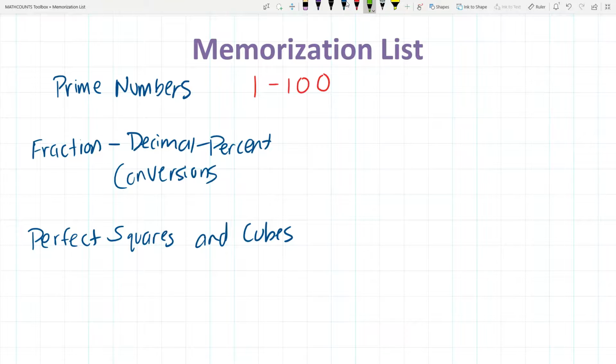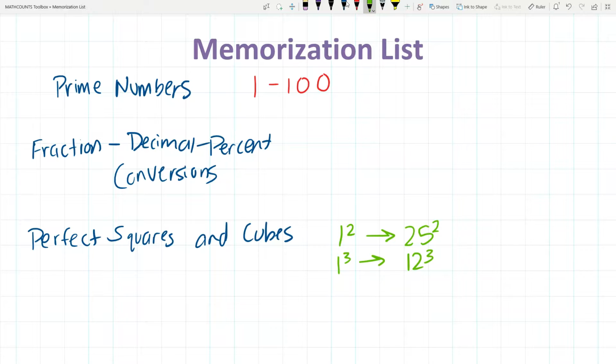You should know the perfect squares from 1 squared all the way to 25 squared. But as I said before, it's good to know more. Like I recommend 1 squared to 40 squared. And also for cubes, you should know at least 1 cubed to 12 cubed. As I said before, it's good to know more, like 20 cubed.